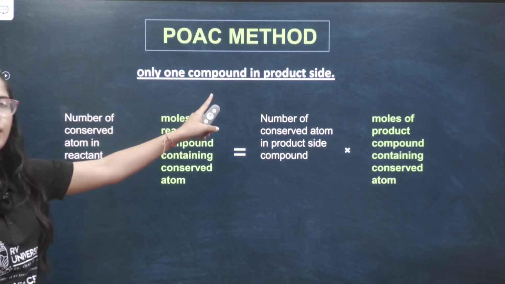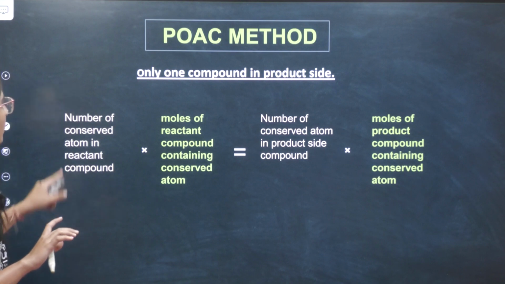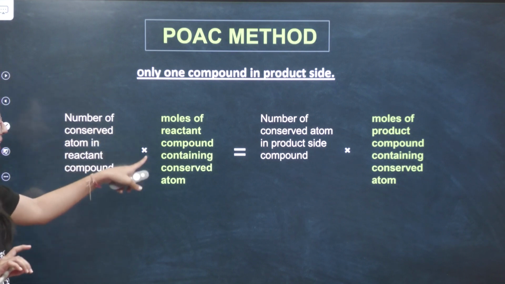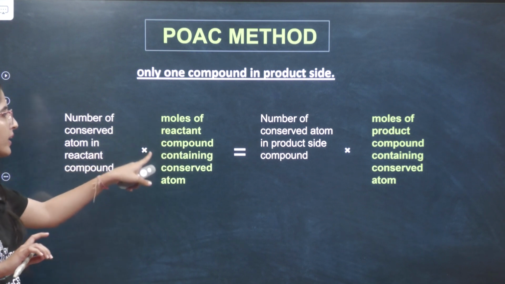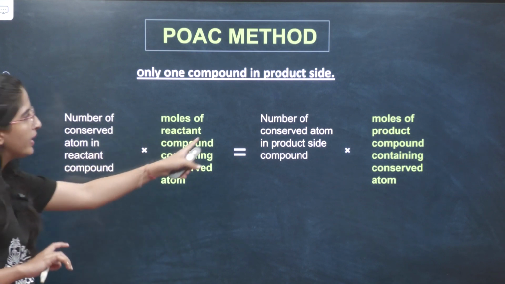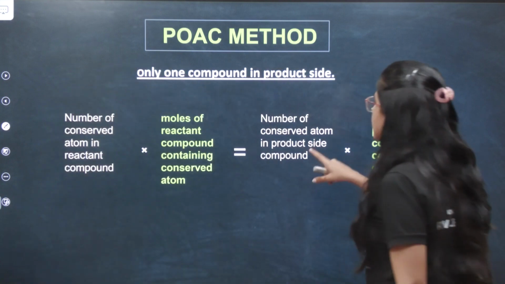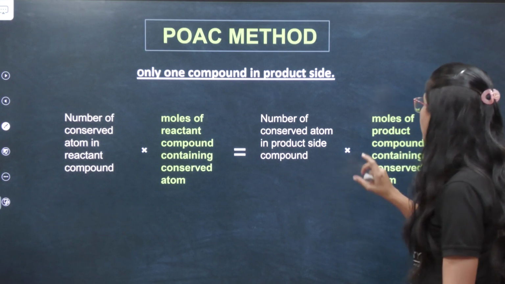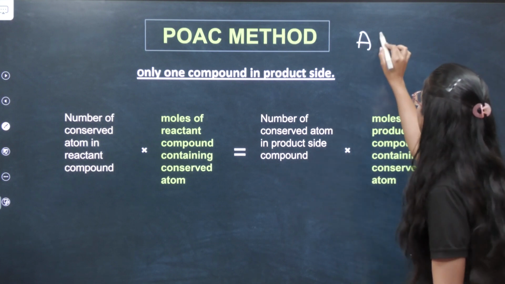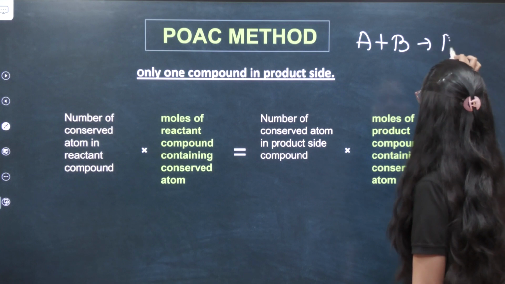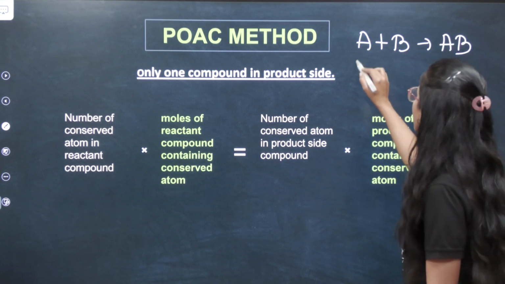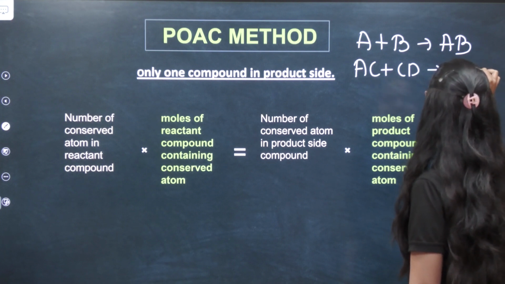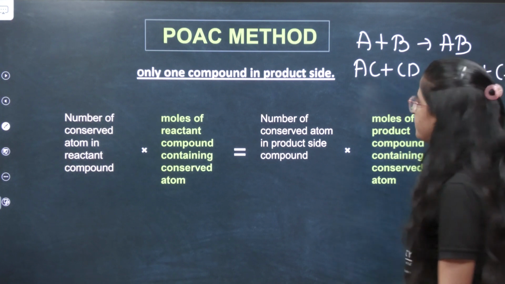Okay. Next is the simple formula which you have to write in your notes. If only one compound on the product side is given, then what will you do? The number of conserved atoms in the reactant compound, multiplied by the moles of the reactant compound containing the conserved atom, is equal to the number of conserved atoms in the product compound multiplied by the moles of the product compound. That is, for example, AC plus CD give rise to AD plus C2.